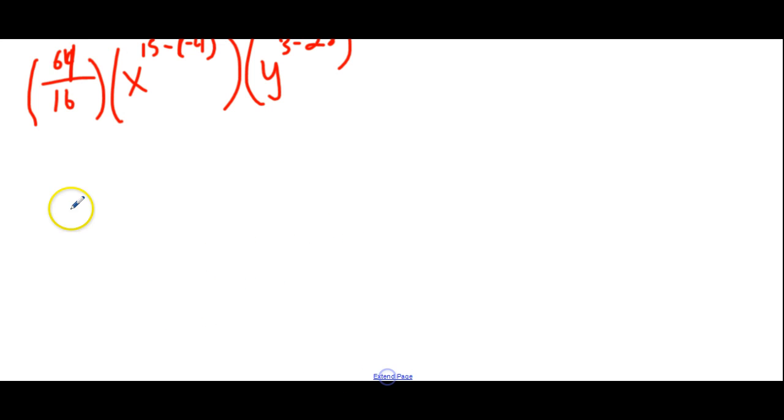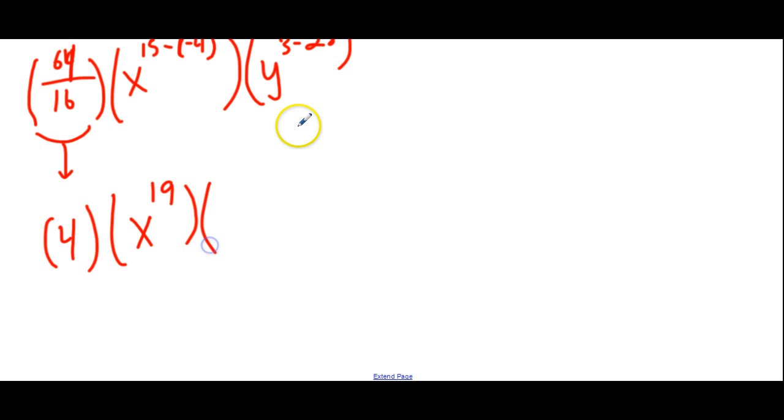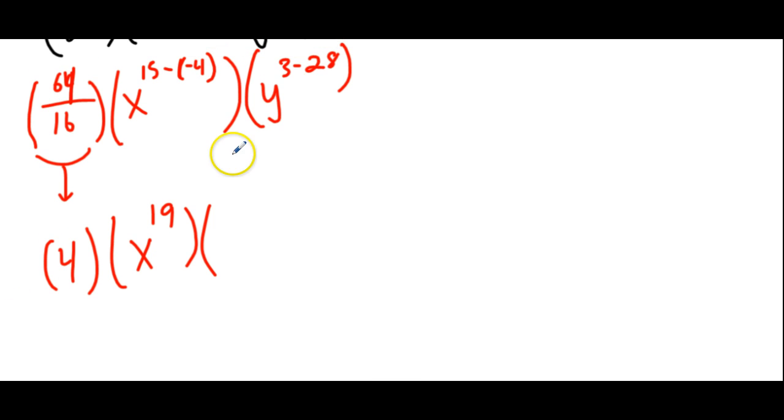So again, let's simplify more. 64 divided by 16 is actually 4, so this whole thing right here turns into a 4. 15 minus negative 4 is the same thing as 15 plus 4, so that's 19. We have 3 minus 28, so y to the 3 minus 28 is the same thing as negative 25.